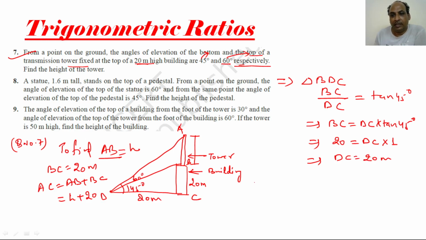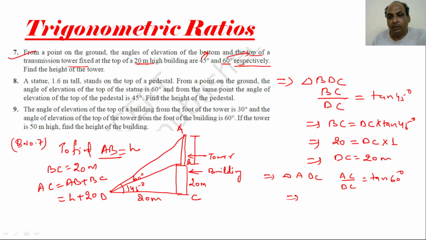Now in triangle ADC, we can say that AC by DC is equal to tan 60 degree. So AC, which is equal to H plus 20, is equal to DC tan 60 degree.